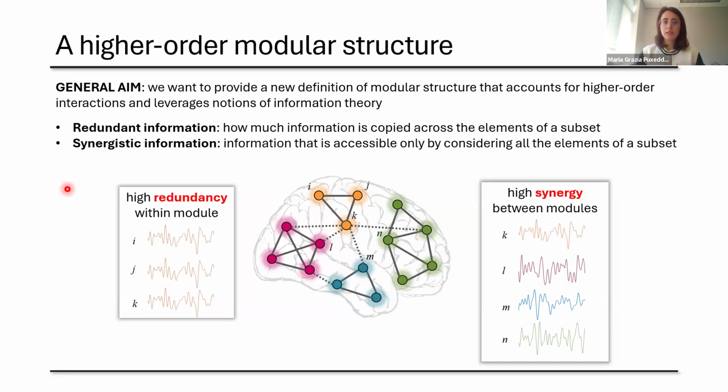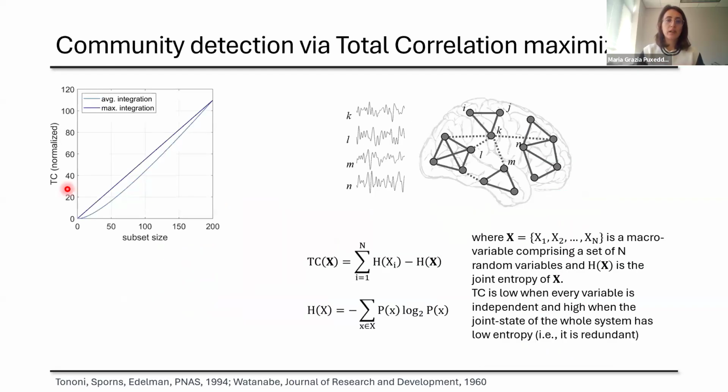So then the question is, how do we find this kind of community structure in the brain? Well, the idea behind it is that we want to maximize redundancy within modules for the reasons that I explained just now. And to do that, we use total correlation as a proxy of redundancy.